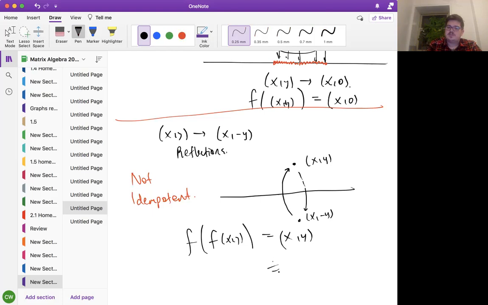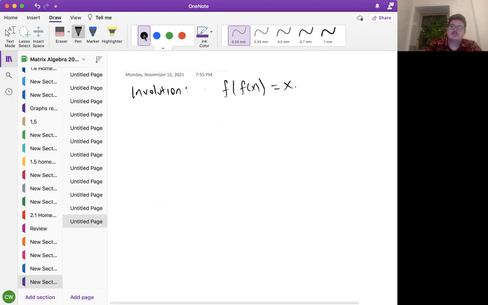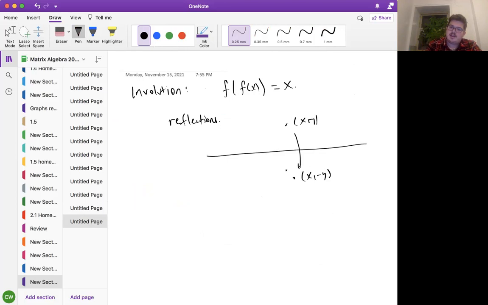It's not equal to f of x, y. But it is an involution. So reflections: if I do x, y, I go down to x, negative y, and I go back up to x, y. I go back to my starting point.